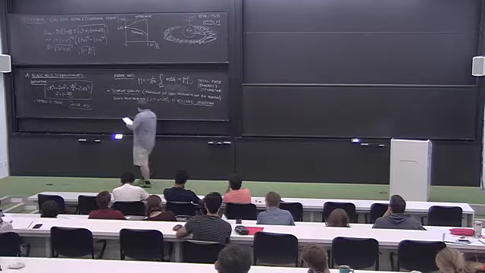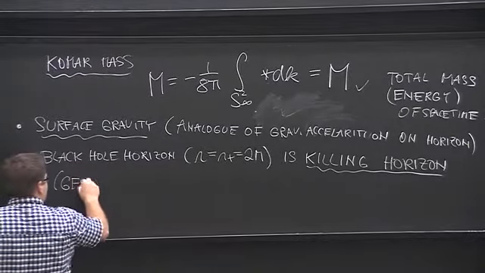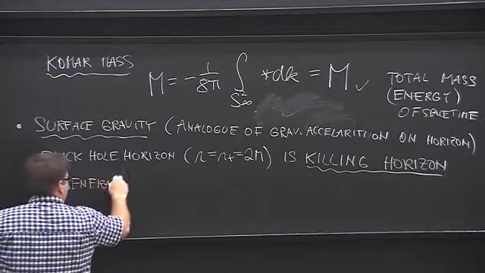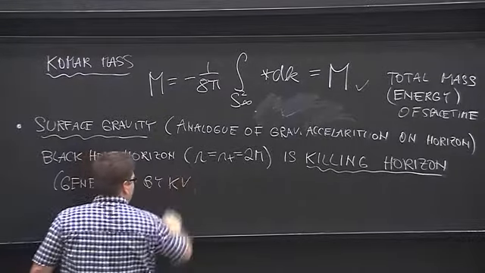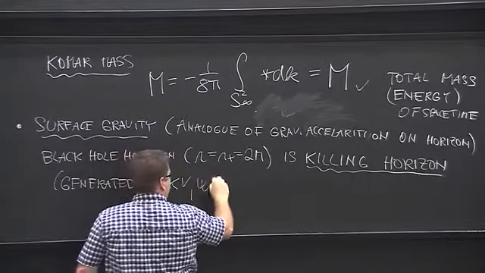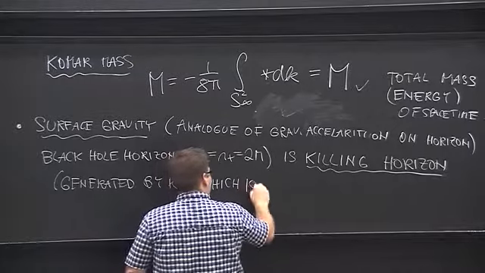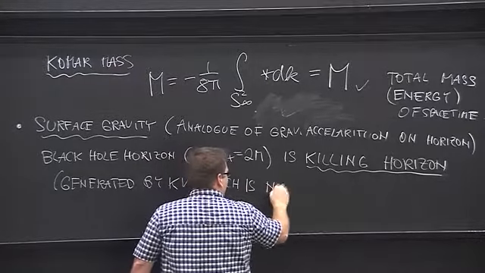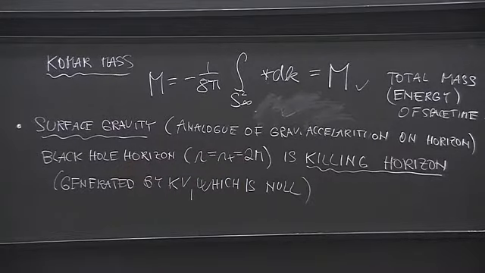So a Killing horizon is generated by a Killing vector which is normal to it, but which is also null, that means k² = 0. And it's precisely this Killing vector which generates your horizon.